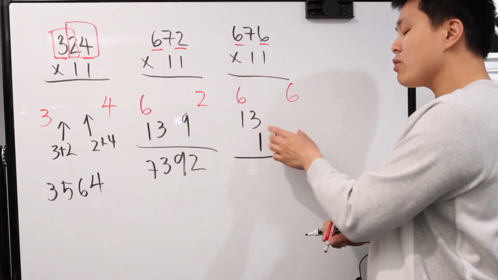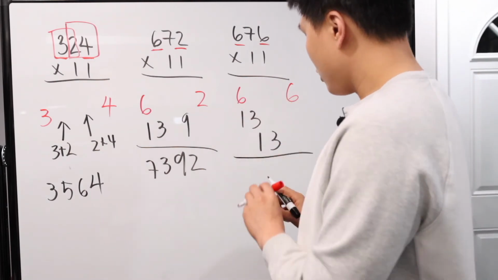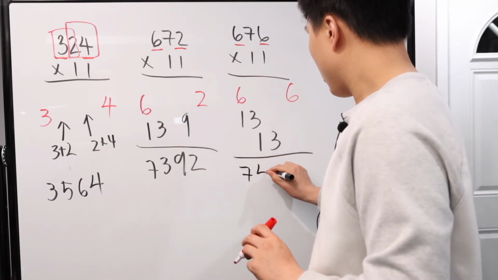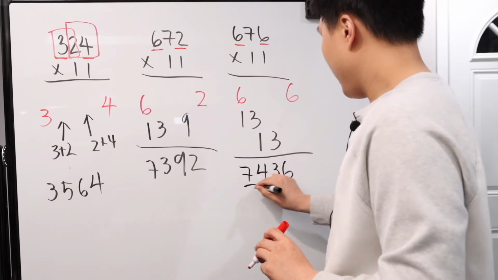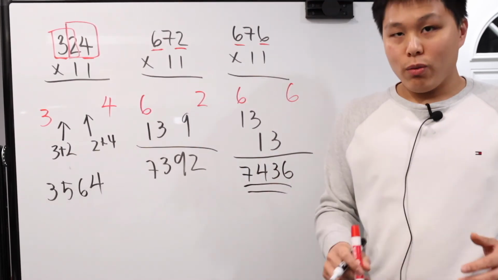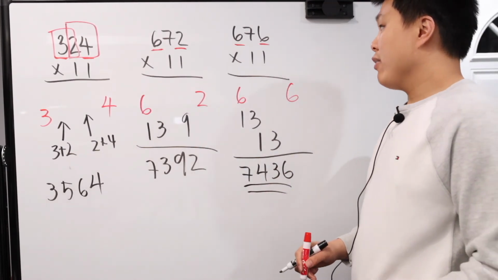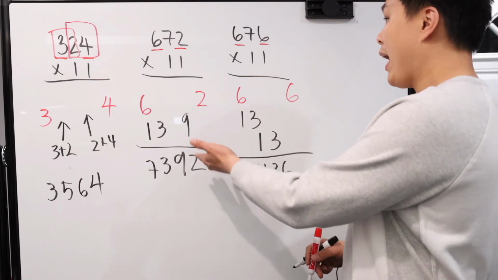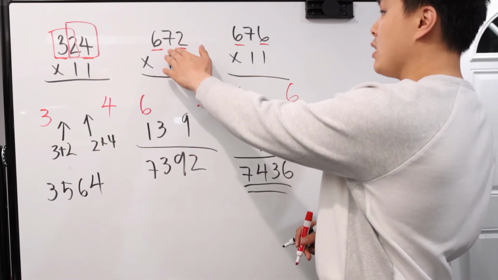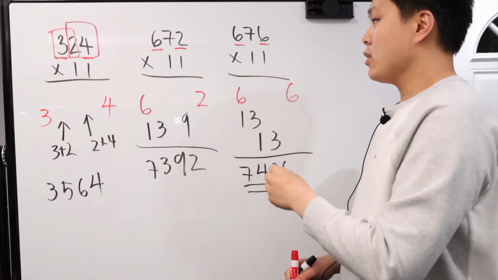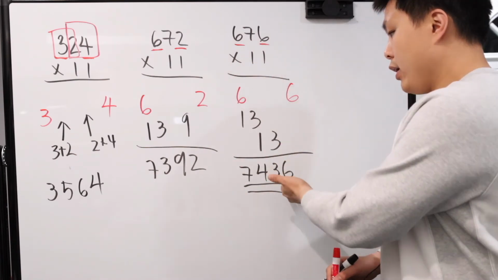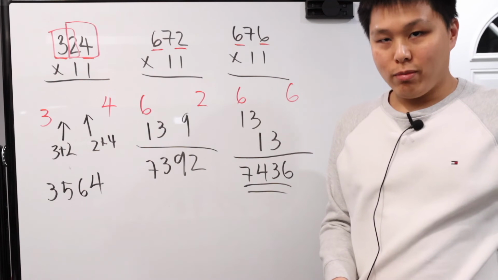So you guys, it's sort of staggered, right? In this case, what do we have? 7, 4, 3, 6. And that is our answer right there. And just to verify, if you're not sure, you could just keep adding 11 from 672 to 676, so basically plus 44, right? And then you should have the same answer.